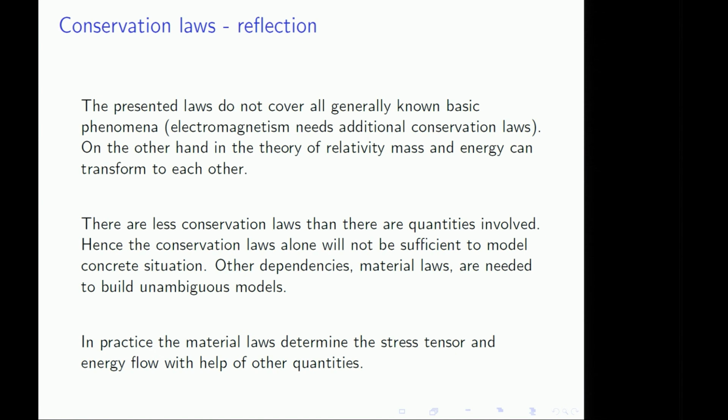And these are called material laws, and these are needed to build models that are closed and that can be solved, and results evaluated.